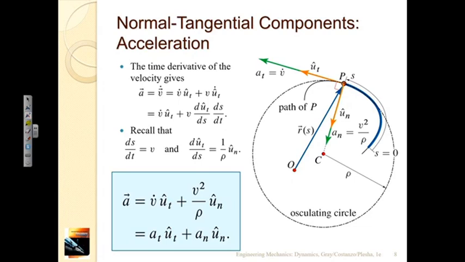Derivative of the first piece, v dot u hat t, plus derivative of the second piece times the first, v times u hat t dot. Hey, we did this last time, trying to figure out what the derivatives of unit vectors are.